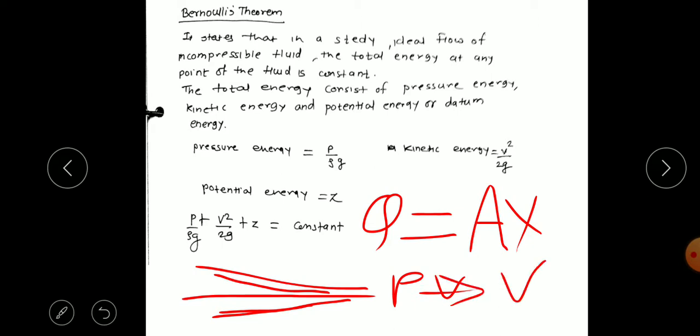So along the flow there may be conversion of pressure to kinetic energy, but the total energy at a given point is the same. If here pressure is more and pressure is less here, this is converted into velocity, as in Bernoulli's theorem.